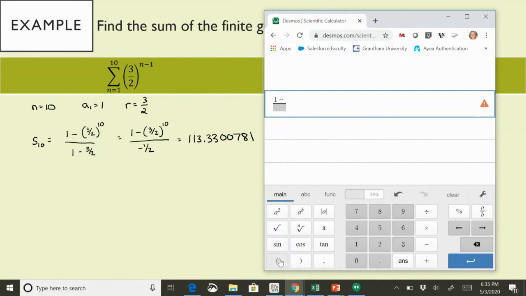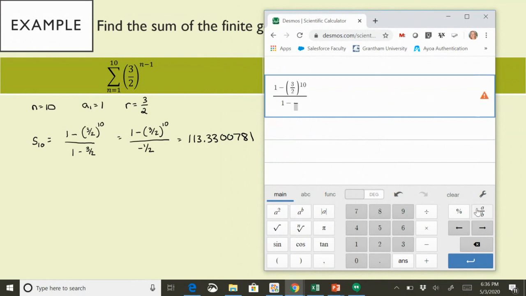1 minus parentheses, I put in another fraction, 3/2. And my exponent, 10. And then I have 1 minus 3/2. So you can see I got the same decimal version, but what's nice is that I can convert it to a fraction.